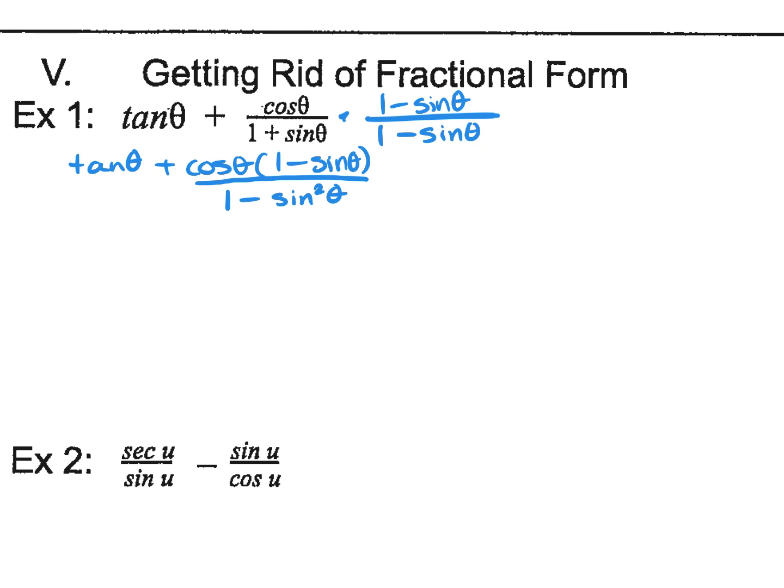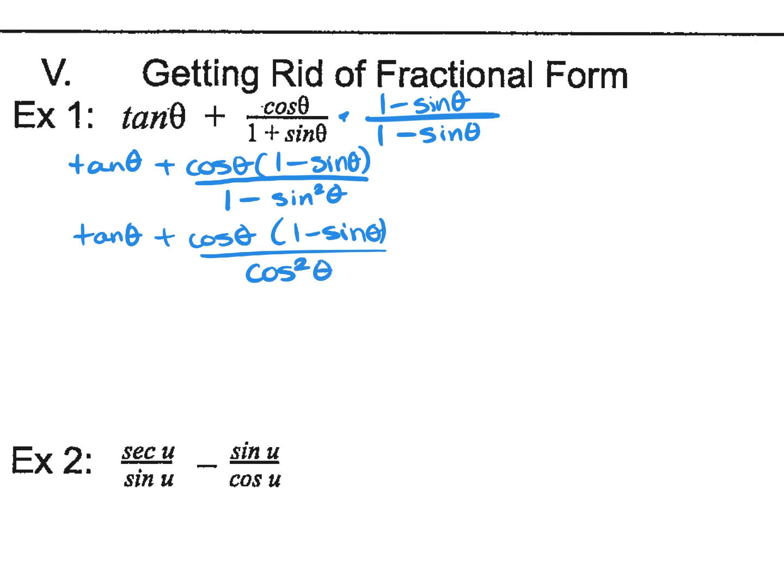What did we say 1 minus sine squared was equivalent to? 1 plus sine, 1 minus sine. I mean, no. Pythagorean identity says it's what? Cosine squared, doesn't it? So now I want you to think about this. This is tangent theta. We got cosine here, 1 minus sine here, and this is now becoming cosine squared theta.